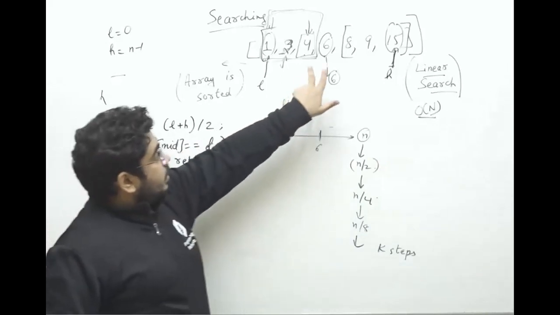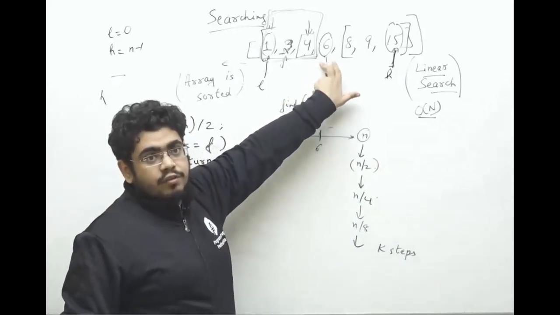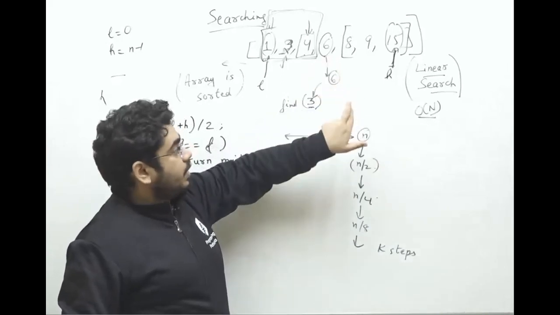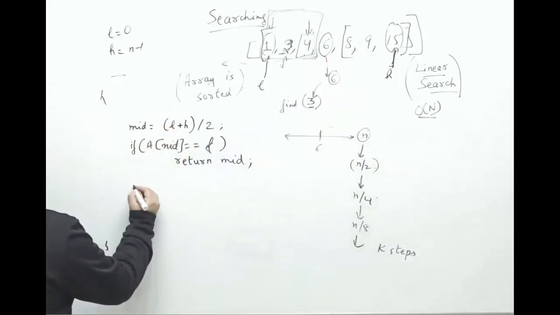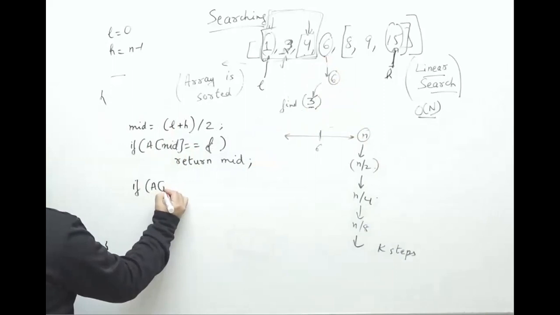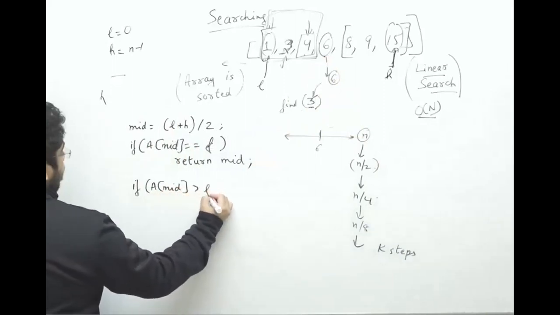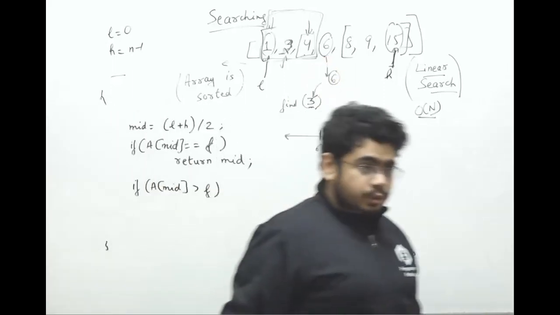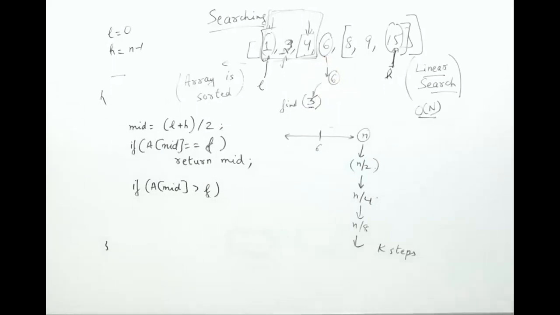Otherwise, if my value here at mid is greater than the element that I need to find, which half should I go to? Left or right? Think and then tell.